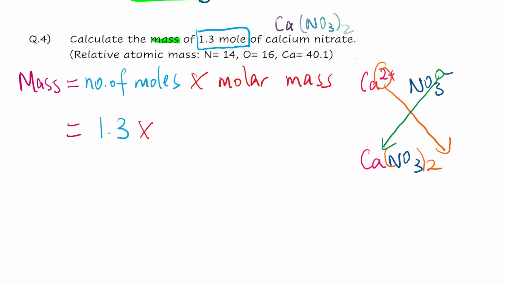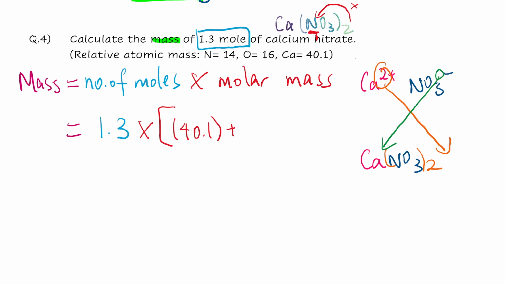So the molar mass of the compound. Calcium here, there's only one calcium atom. So I just need to write 40.1 plus nitrogen. How many do I have? Remember the bracket outside I told you, just times it. Inside I only have one nitrogen atom. Outside the bracket there's two. So 1 times 2, that means I have 2 nitrogen atoms.